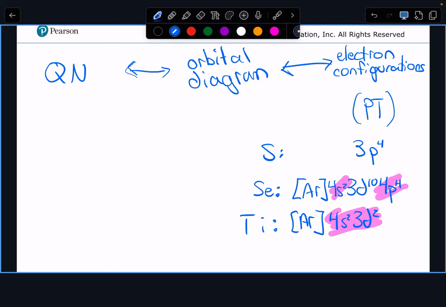In addition to 3p4, it would also be 3s2, okay? So without doing any complicated work, just by looking at the fact that sulfur's in the third row in the p block, 4 elements in, we easily predicted where the valence electrons are. Or if we tacked on the neon, now we actually have the abbreviated electron configuration.